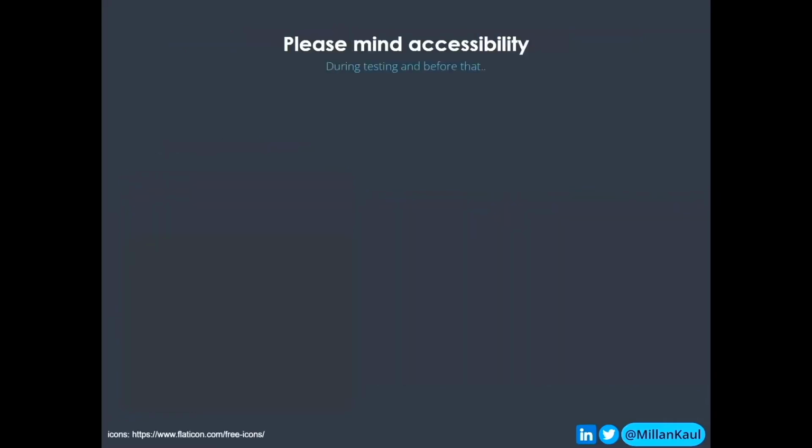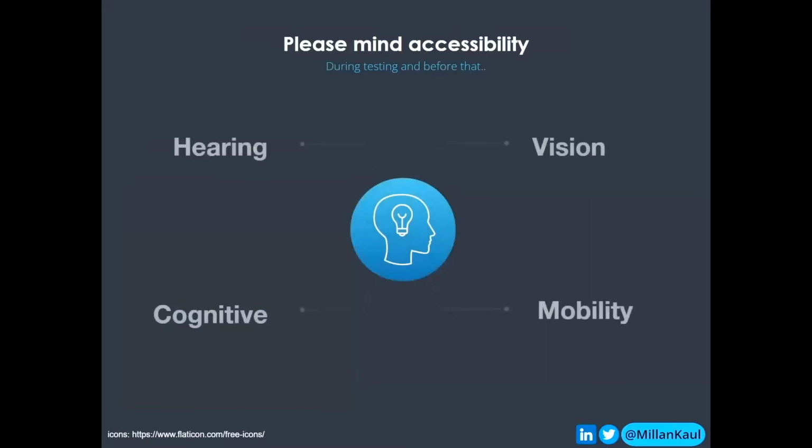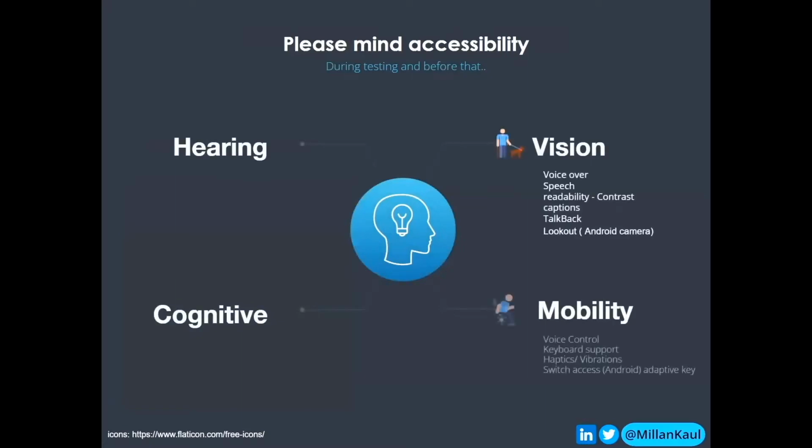And this is all because of the inbuilt mobile accessibility that Apple and Android provide as of now. And these are some of the key points which you should keep in mind. I have taken all these references from the official websites of Apple and Android.